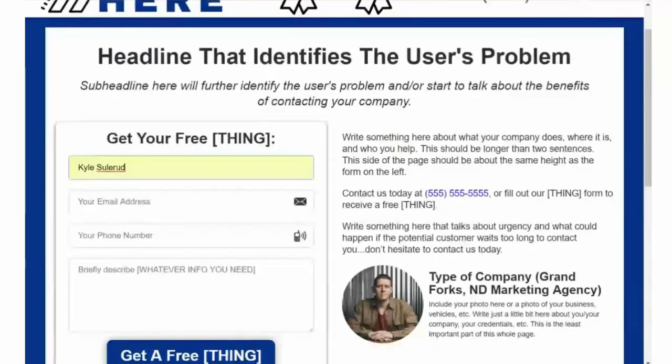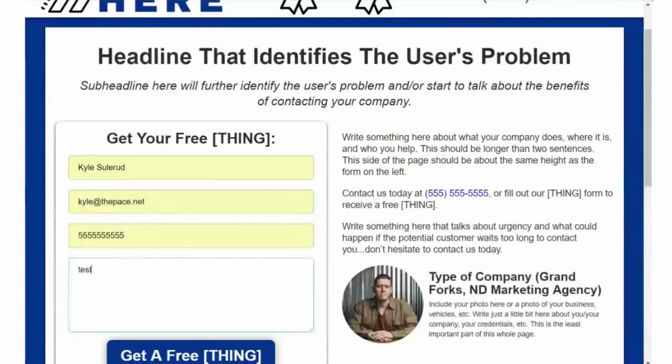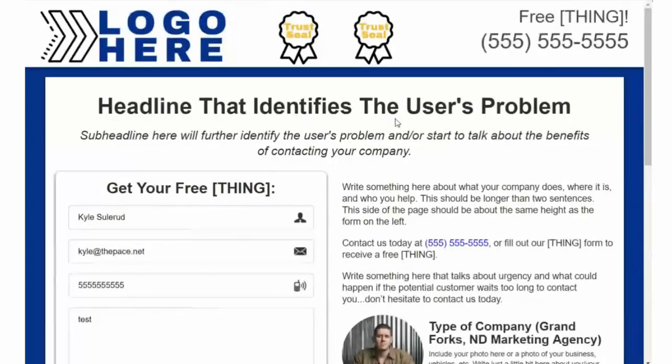What happens then is we will go to a thank you page. The thank you page is basically going to tell them what to expect. Okay, you'll receive an email from us, and we'll be in contact with you by phone. It's also going to really try to get them to call you again.